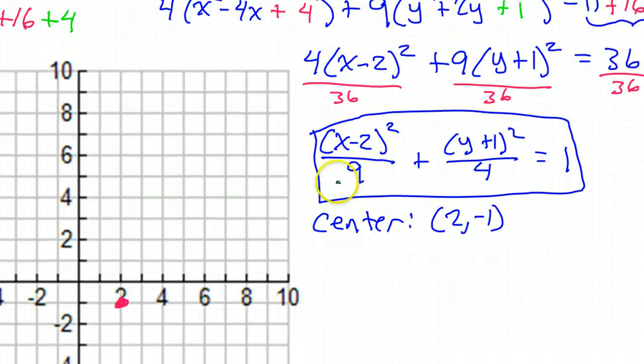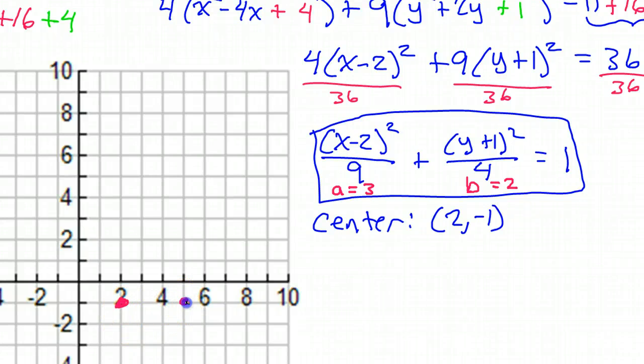Okay, now you see we're going to have an a value of 3 and a b value of 2. So this a value, that's going to give me the vertices. Notice it's with the x's, so I will go 3 to the left and right from the center.